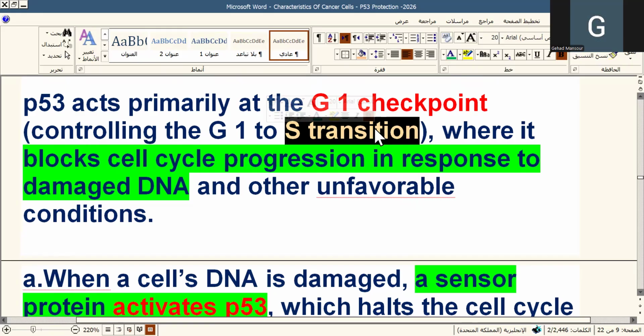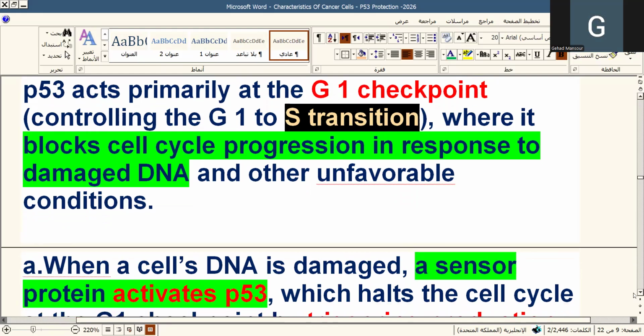And that makes great sense, because if the sensor proteins detect abnormality in the DNA during the growth 1 phase, then this cell is not allowed to enter the S phase, to reach the synthesis phase and replicate its DNA.